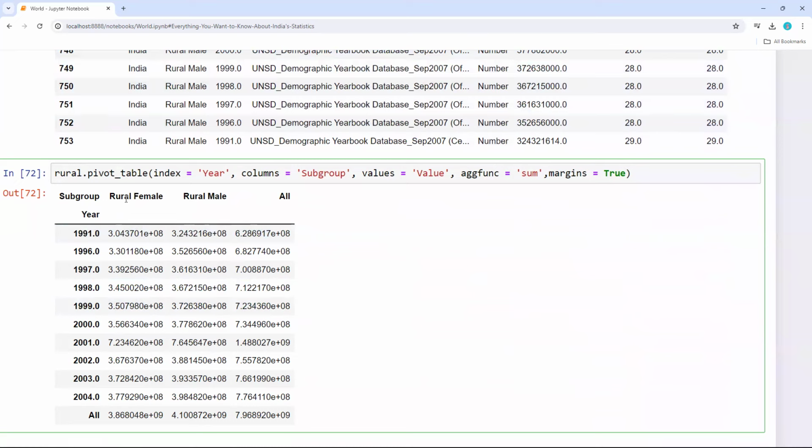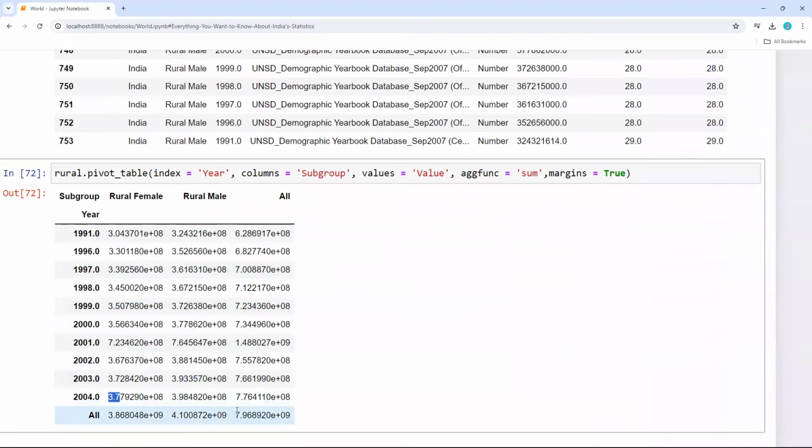So here you can see for rural female, year on year it is increasing. My data set started from 1991. In 1991 it is around 30 crore. It has increased to 37 crore for rural female, and for rural male it has increased from 32 crore to 39 crore within 13 years.